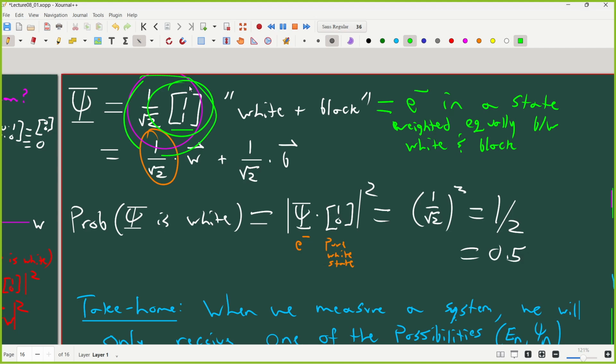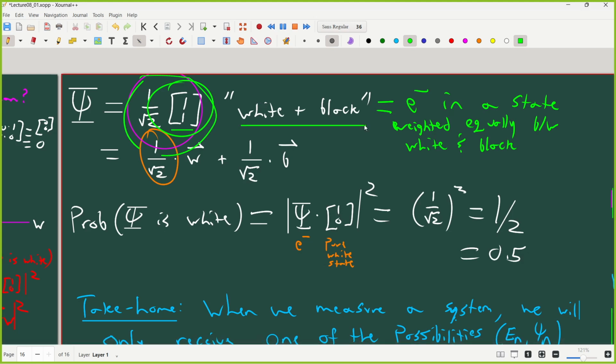And what does the wave function tell us? Well, the wave function tells us what it predicts in some ways. It quantifies what the results of our experiment are going to be about measuring it. And so an electron that's in a state of 1, 1, which I kind of naively call white and black, but it's not.